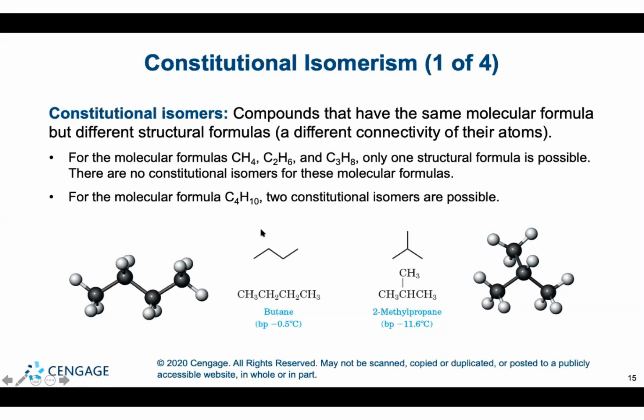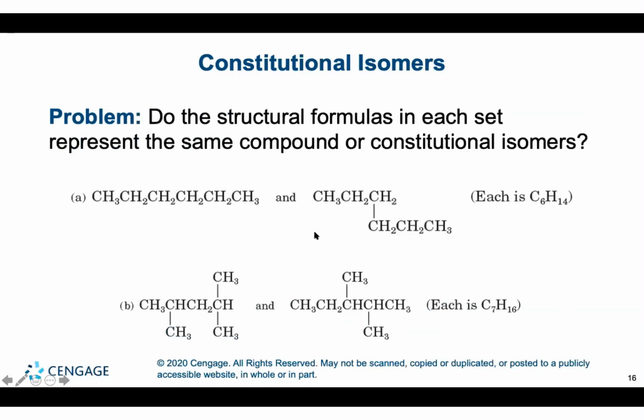This is called constitutional isomers: the compounds that have the same molecular formula but different structures, different bonding, different connections. So for example, in the exam they can give you different compounds and ask if they are constitutional isomers.